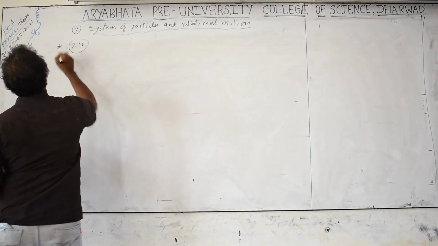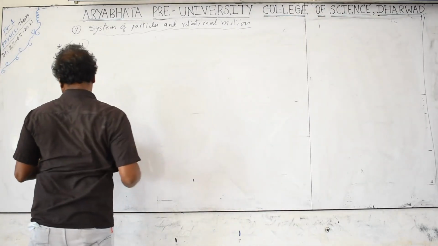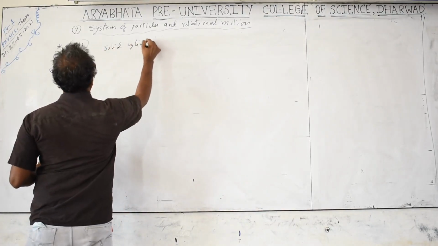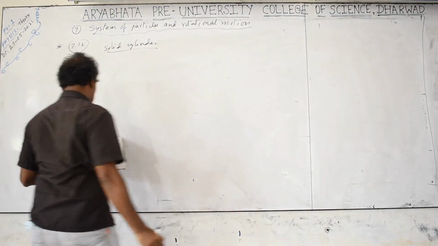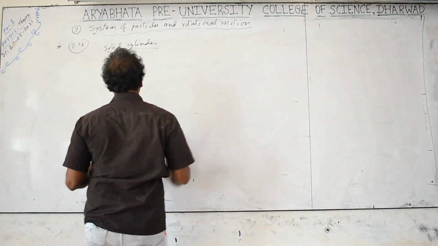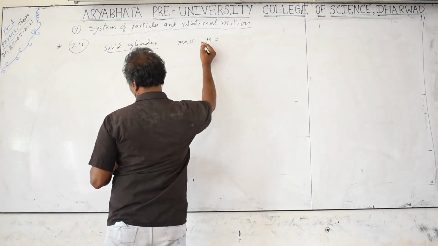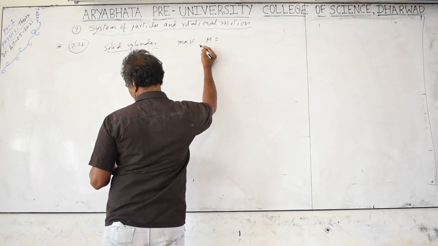This one is important. For a solid cylinder, the formulas are the same as for a solid circular disc. Mass is 20 kg.